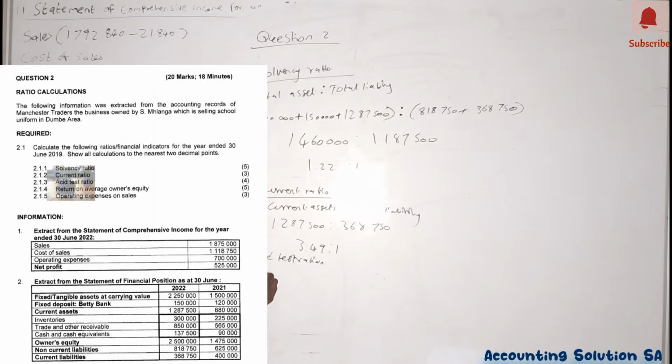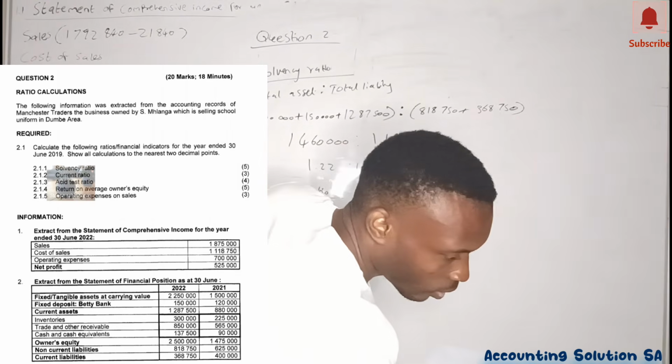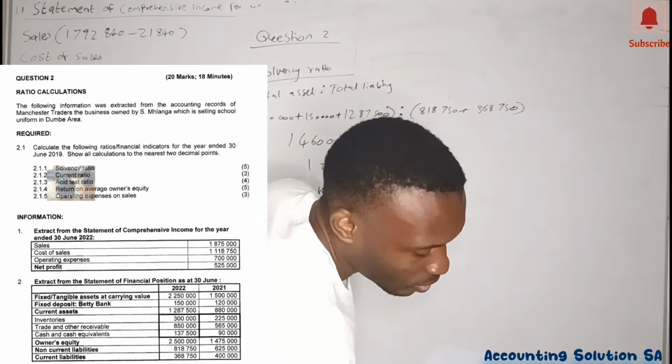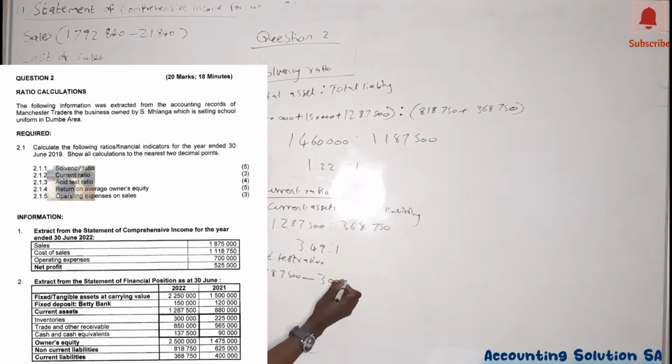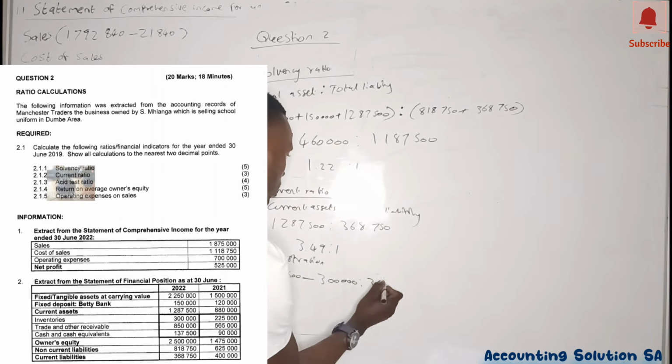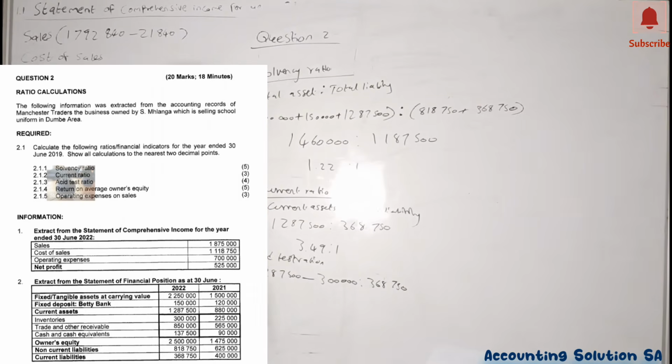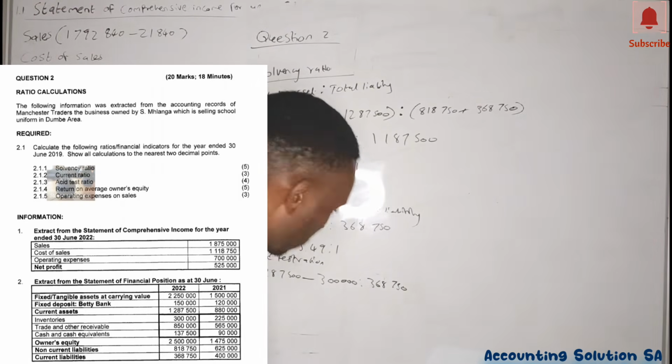Let's just write the answer. 1,287,500 is the current asset. Now we have to minus inventory. The inventory that we have is 300,000. Then our current liability is 368,750.